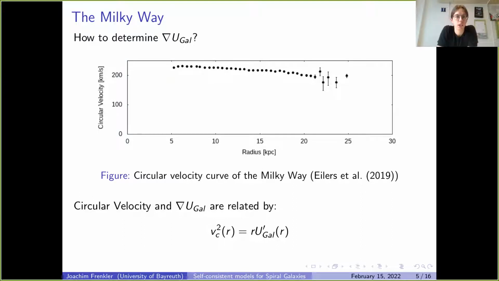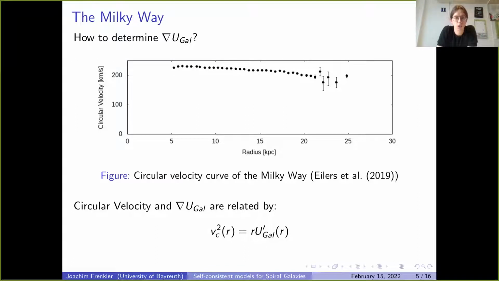And here you see the circular velocity curve of the Milky Way. So at each radius, we see a dot which marks the velocity that corresponds to the velocity of a circular orbit at the given radius. And the velocity on a circular orbit is related to the gradient of the gravitational potential of the galaxy via the following simple formula, which you see on the bottom of the slide.